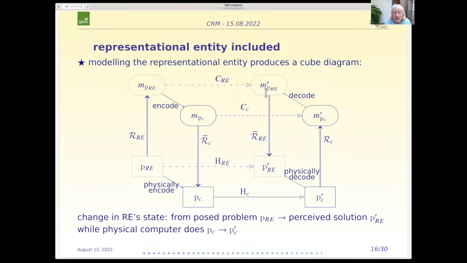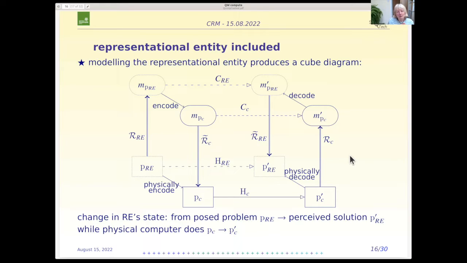And so this is our model of the physical representational entity down here. And the change of state in the representational entity is from posing the problem to obtaining the solution using the computer here. So there's a whole paper explaining all those diagrams.